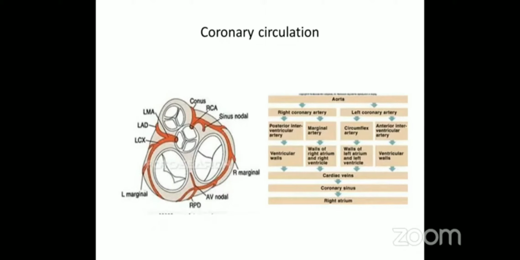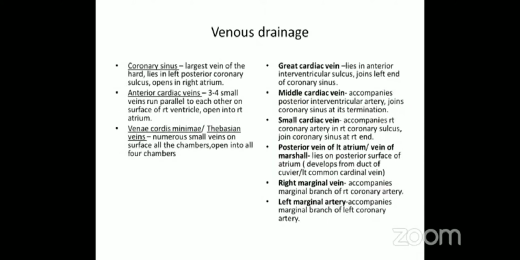Then how the blood circulates: it goes in cardiac veins and ultimately through the coronary sinus, as we have already seen, it drains into the right atrium. So coronary sinus is the largest vein. Apart from that, there are other veins which are draining into right atrium, that is anterior cardiac veins, or the smaller veins, venae cordis minimae, or Thebesian veins.